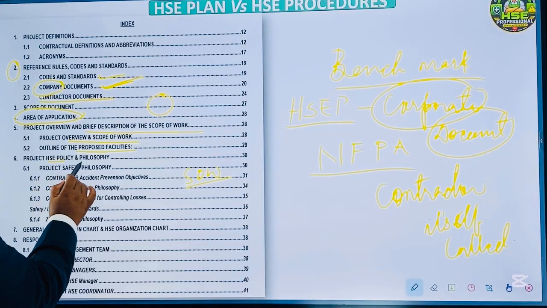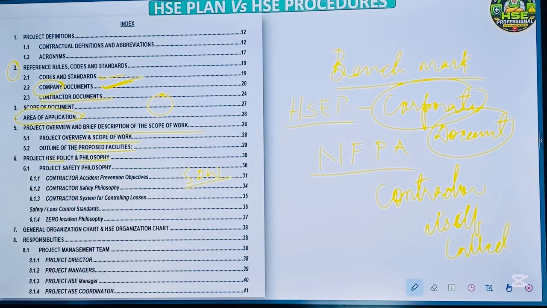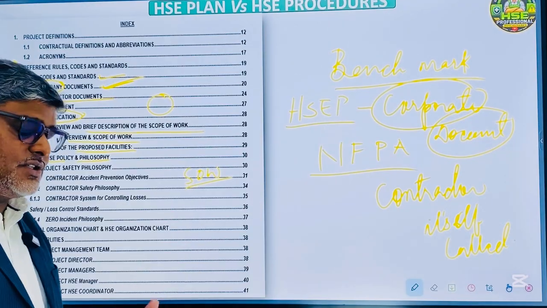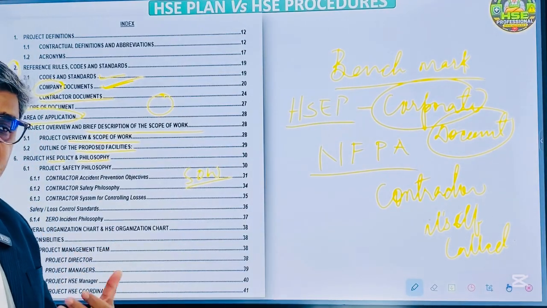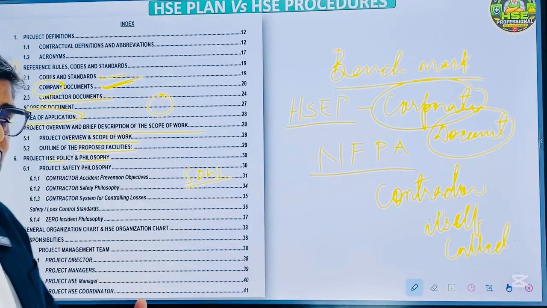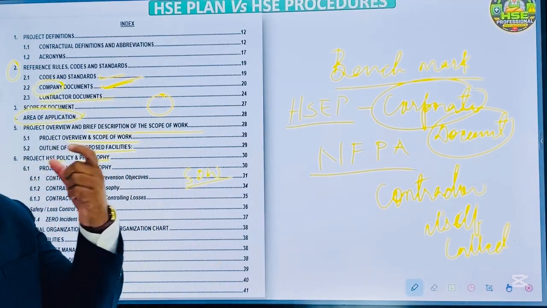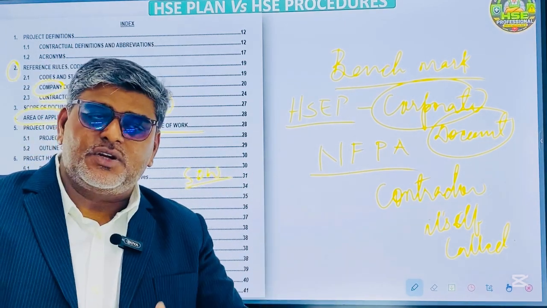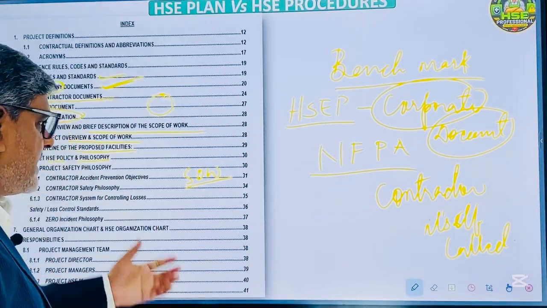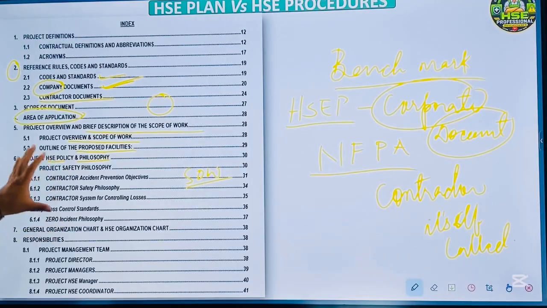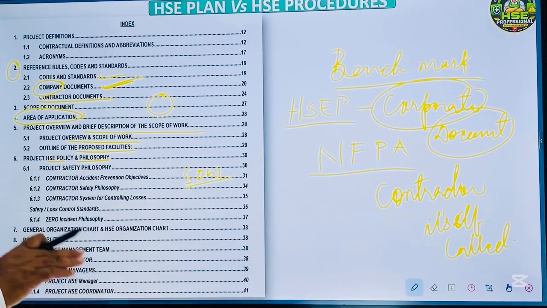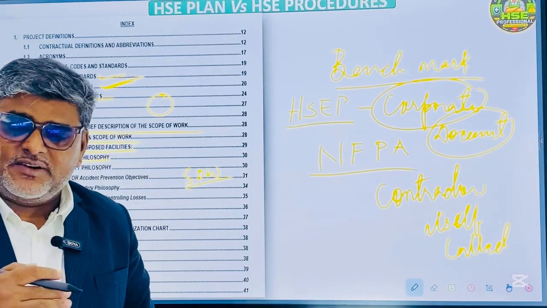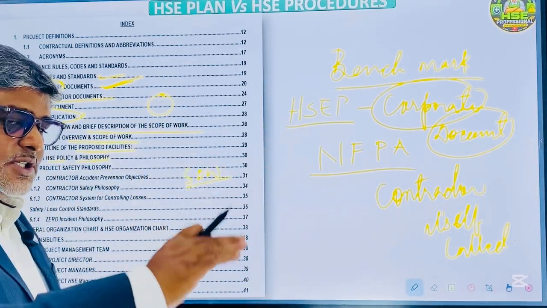Project HSE policy and philosophy. Project HSE policy, you know very well about it. It is a basic thing that it should be prepared and developed based on the project, and it should be reviewed and signed by the higher management of the organization, and that will be pasted here. It should be attached with the procedure, showing that the contractor is obliged and committed to follow health, safety and environment at the workplace on this project.